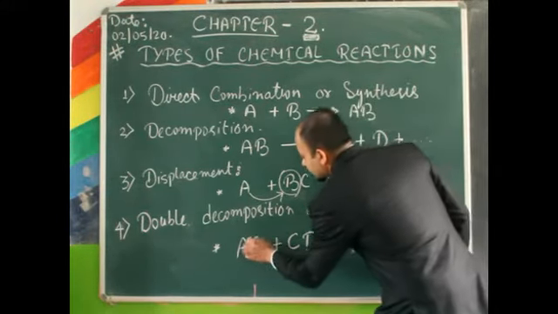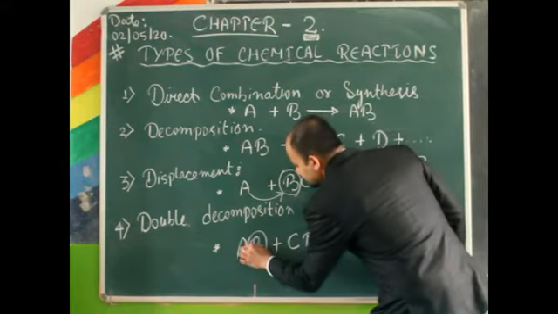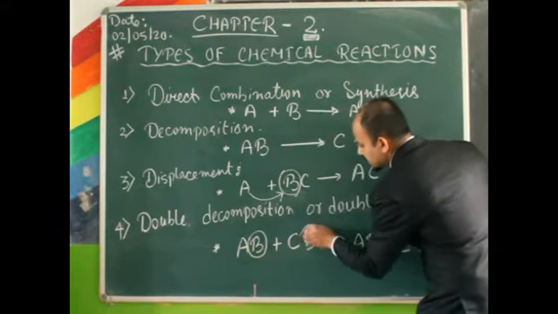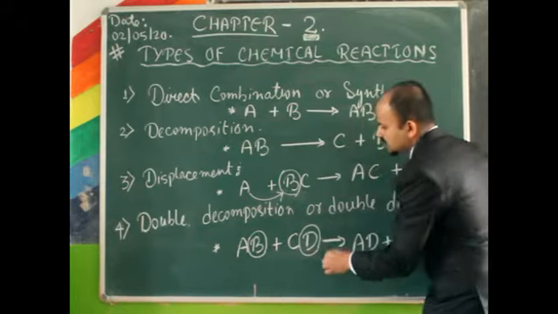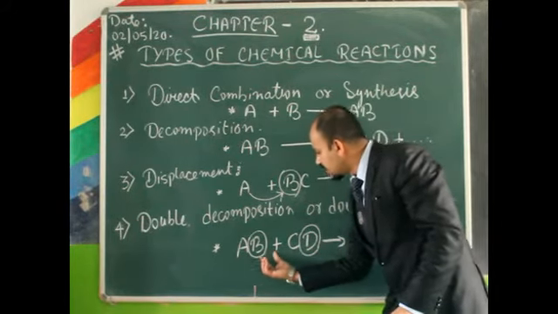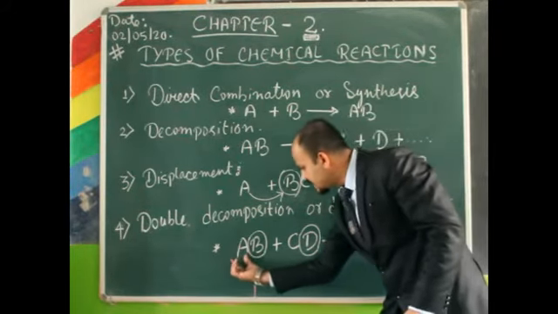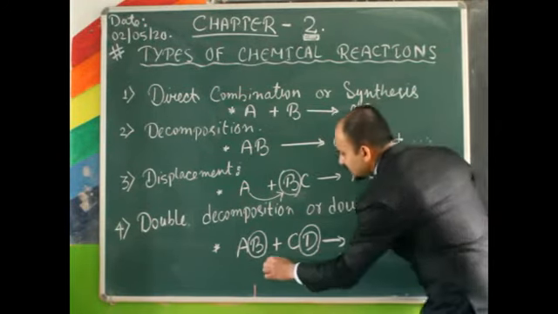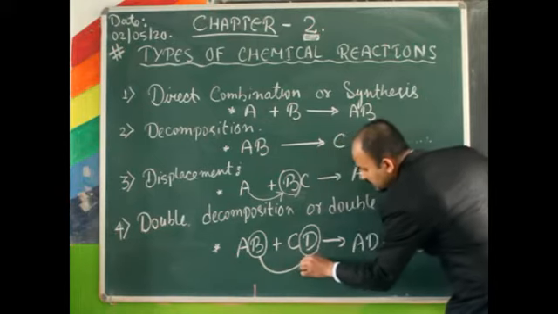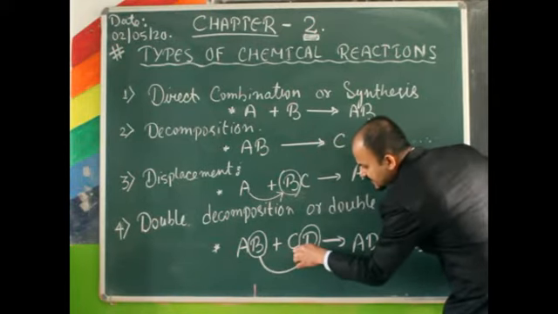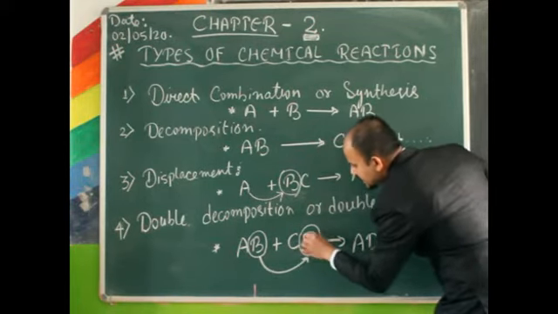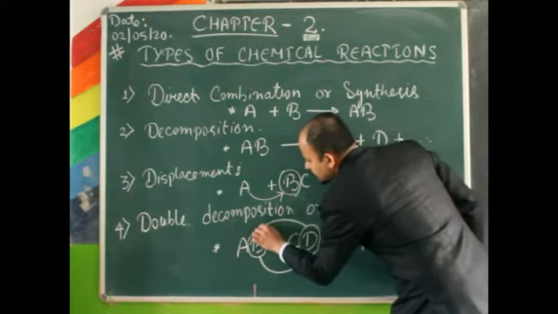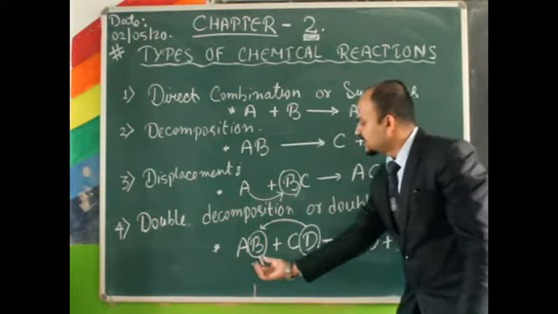Here, there is an exchange of radicals. Now see, I'm circling the anion part. This is cation, this is anion, this is cation, this is anion. Here, this B will come with C and this D will go and get bonded with A.